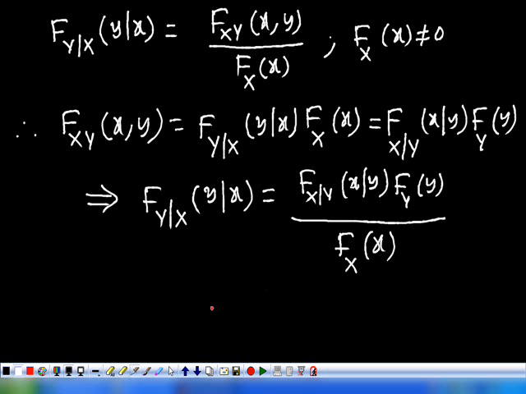Similarly, we can write F_{X|Y}(x|y) with the same equation. This is the Bayes theorem, where we change the two events.